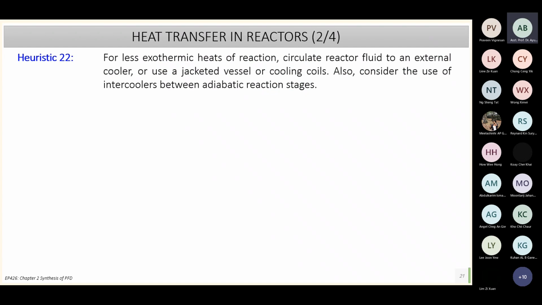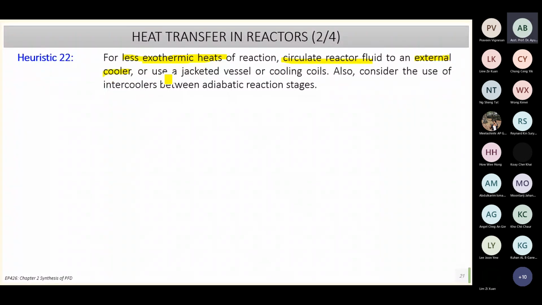Now, the second heuristic for heat transfer, for less exothermic. What you can do is circulate the reactor fluid to an external cooler.